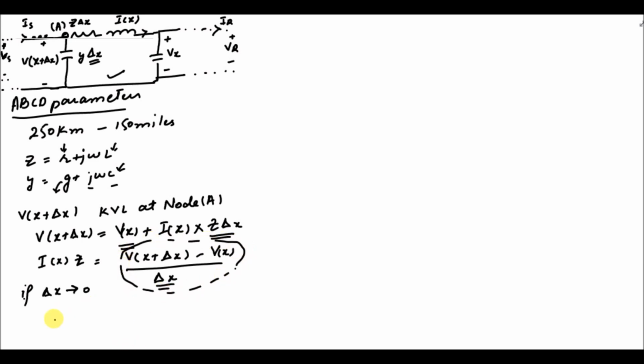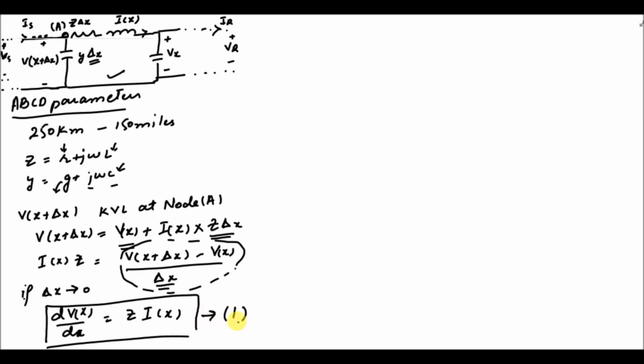So this will be dVx over dx, that is equal to z Ix. This is the first equation that we derived from the KVL application at node A.